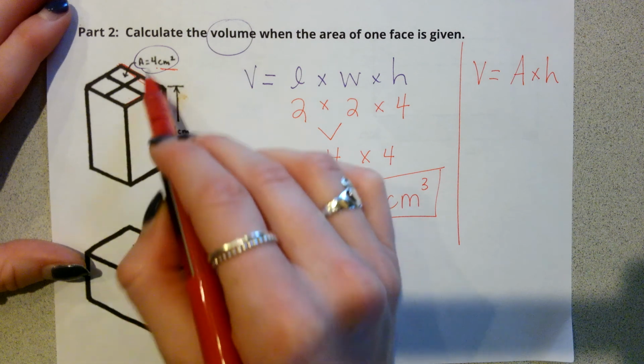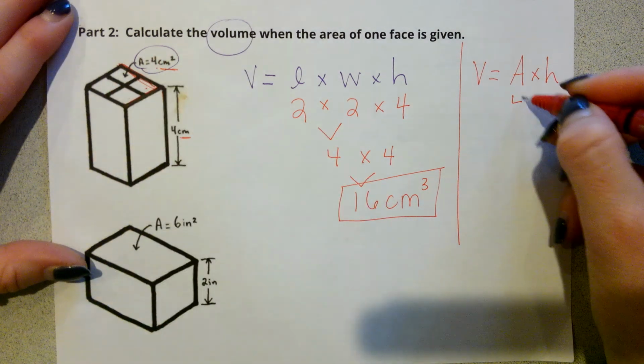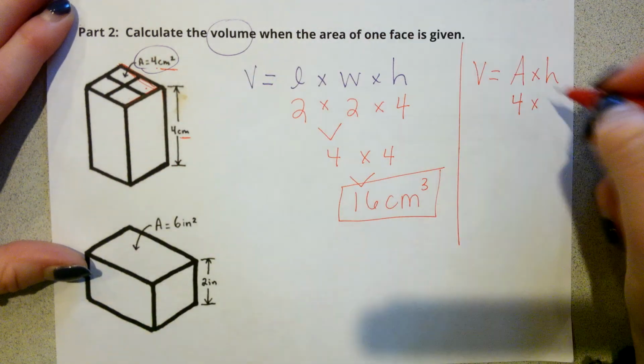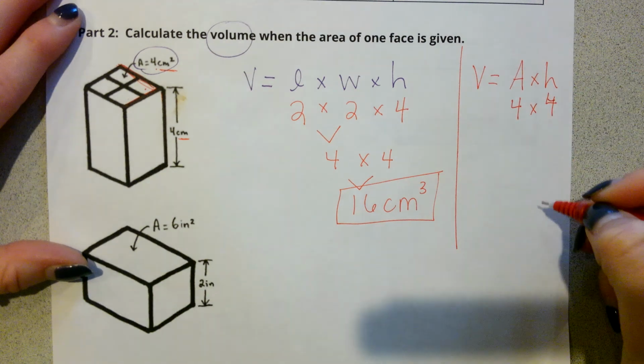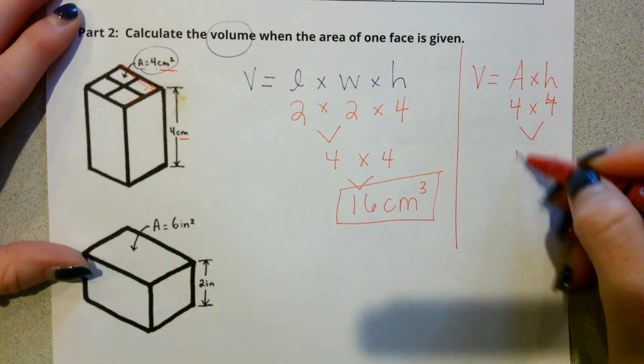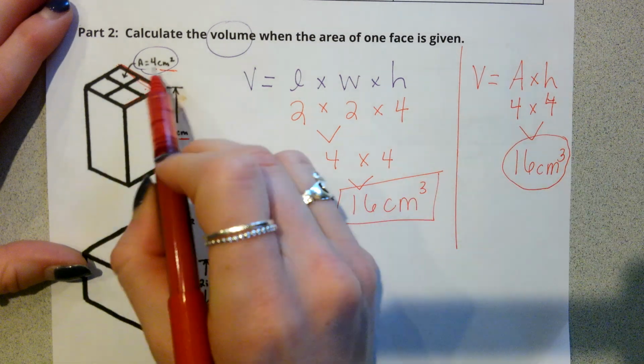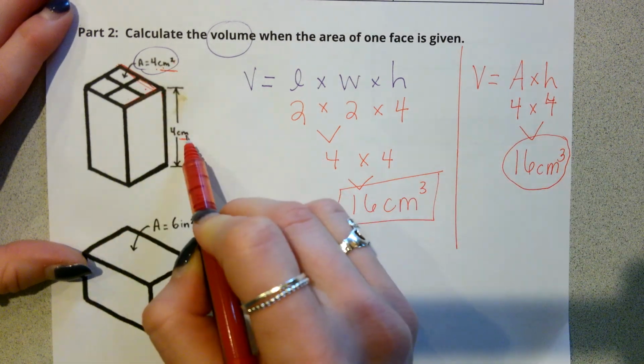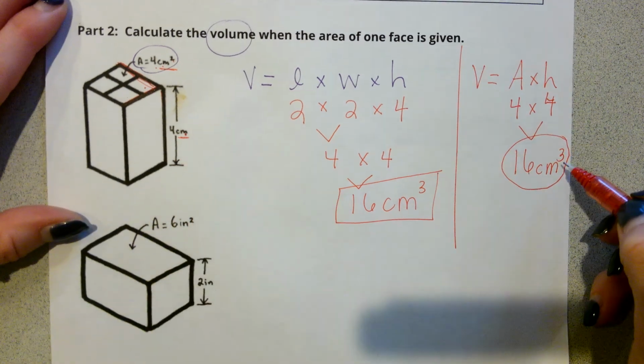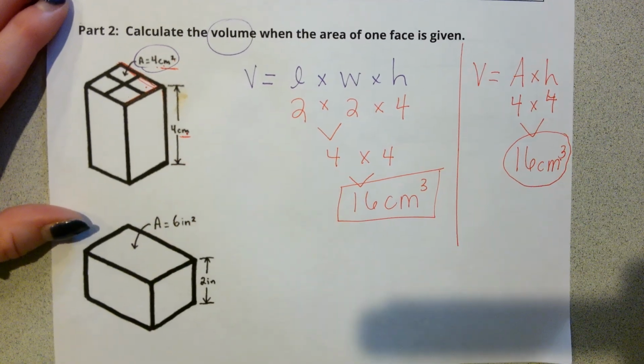If I know the area is 4, and I know my height is 4, well, 4 times 4 is 16, and I have centimeters cubed because centimeters squared times centimeters gives me 3 of those centimeters, which says that I have to cube it.